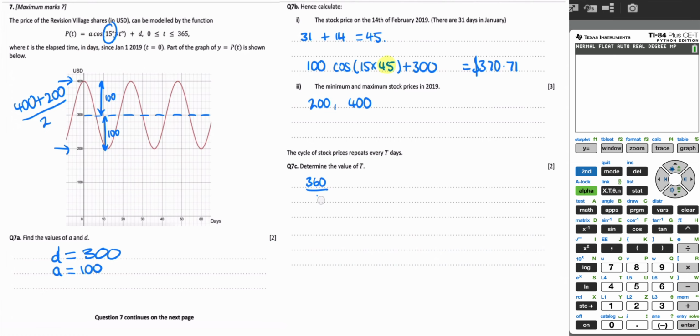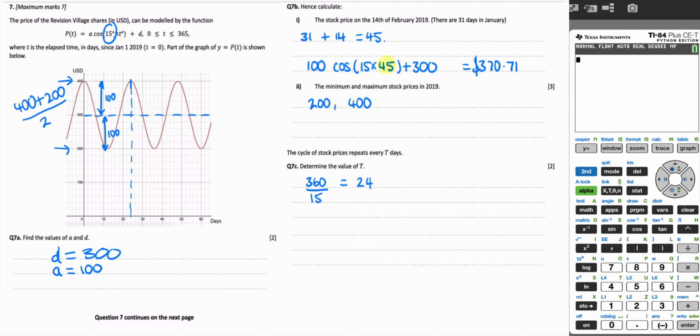So divided by 15, and that gives me an answer of 24. So that means that the wave resets after 24 days, so every 24 days. And we can see that as well because it's resetting here. That's one complete wave. And we can see that that is also 24. So you could also read that off the graph.